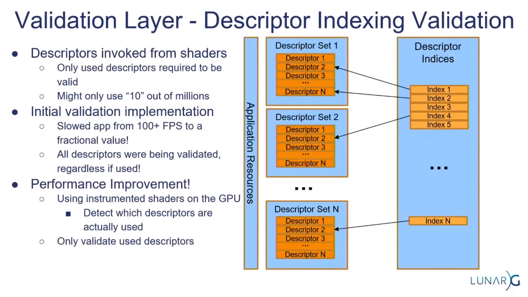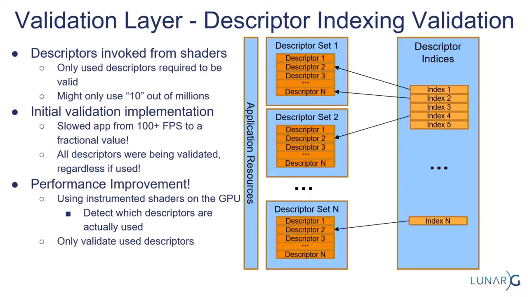This was an interesting problem we had. So in the bindless functionality of the Vulkan API, resources are accessed by shaders via objects called descriptors, which are grouped into descriptor sets. And only descriptors that are actually used by a shader invocation on the GPU are required to be valid. So a shader invocation might only use 10 descriptors out of millions that they could have had defined.